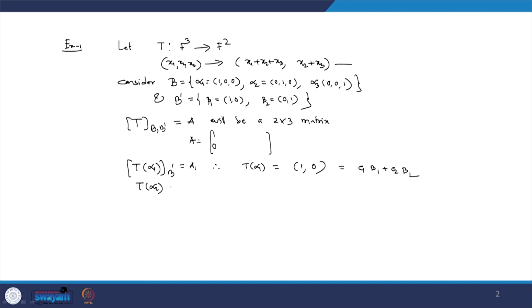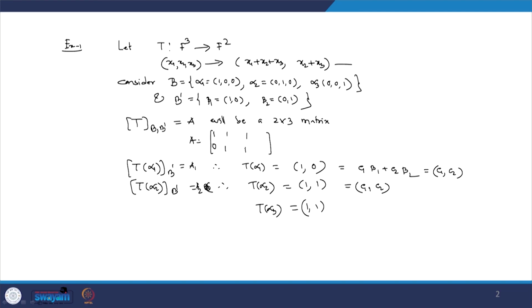And T alpha 2, similarly with respect to B prime, this is A2. So, T of alpha 2 equals (1, 1), so C1 equal to 1 and C2 equal to 1. Similarly, T alpha 3 is basically (1, 1), so I will have again (1, 1). So, I have got the 2 cross 3 matrix A, fine.